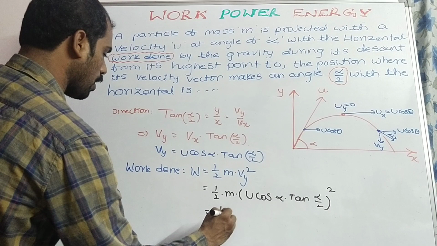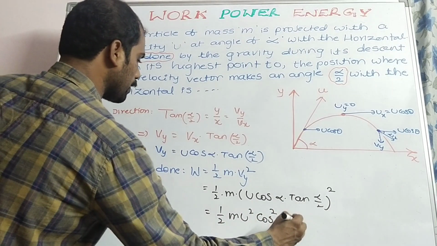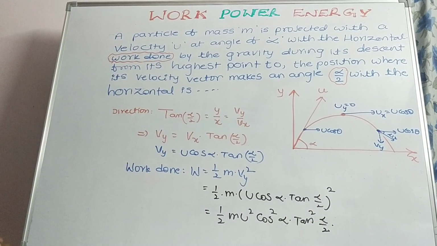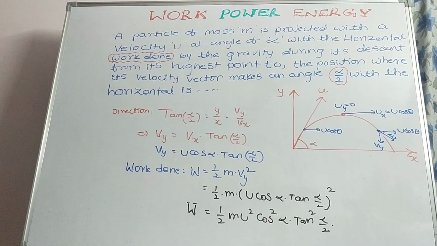That is equal to half into m u square into cos square alpha into tan square alpha by 2. That is the work done. W is equal to half mu square cos square alpha tan square alpha by 2 will be the work done.